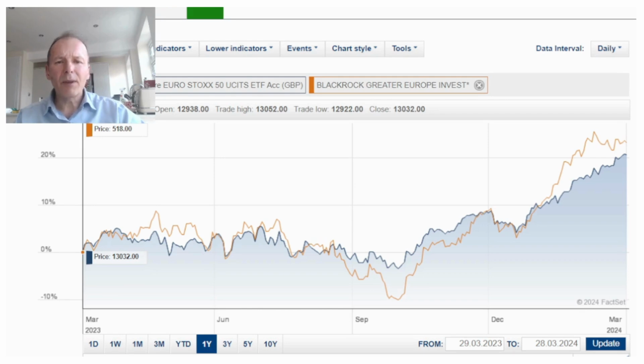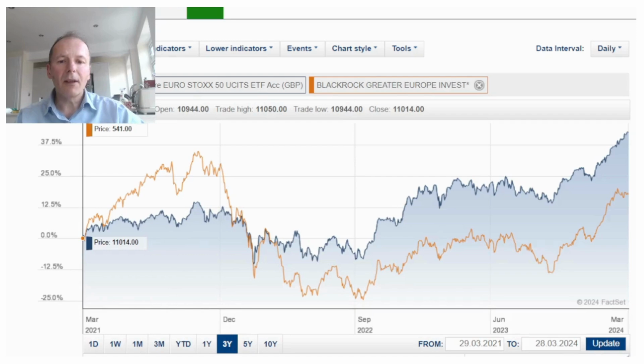And if the performance of the active fund is only slightly better, then I'd probably reject it because I do have this fund manager risk that I don't really know going forwards what the fund manager is going to buy, what they're going to sell, and how the performance will go. So over 1 year, yeah, there's a slight beat, but if you look at over 3 years, the active fund has been not so great.